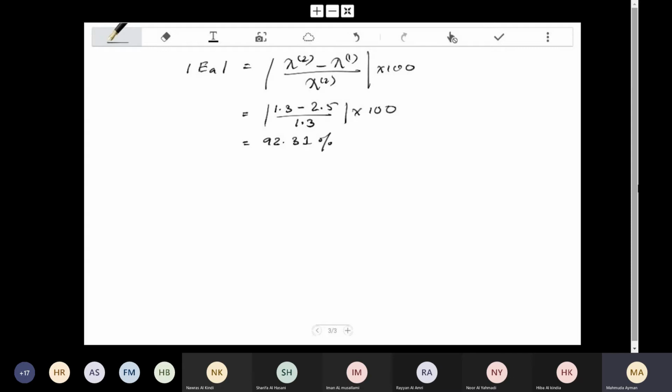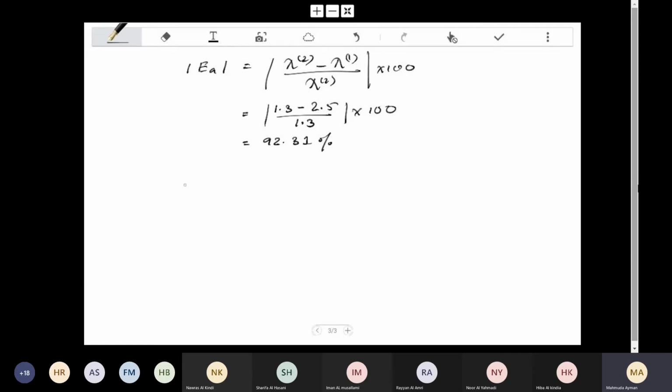As you can see, the error is very high, so we have to do more steps to get the correct eigenvalue. Now I'll not do all the steps, but just write down the values so you can see it at a glance.